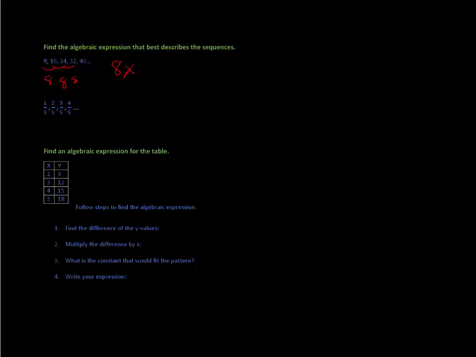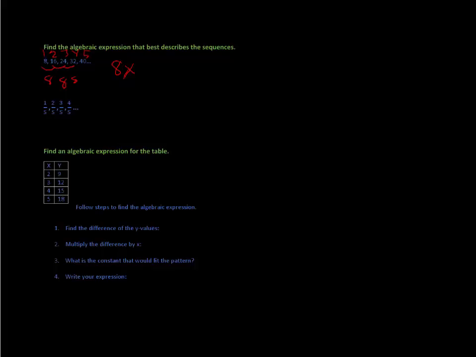Because if we check this to see if we're right, this 8 is our first term. So that's our number 1. 16 would be our second term. 24 would be our third. 32 would be our fourth. And then 40 would be our fifth. So if we take those numbers, 8 times 1 would give us 8.